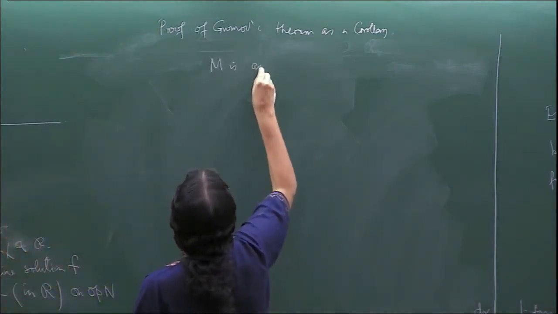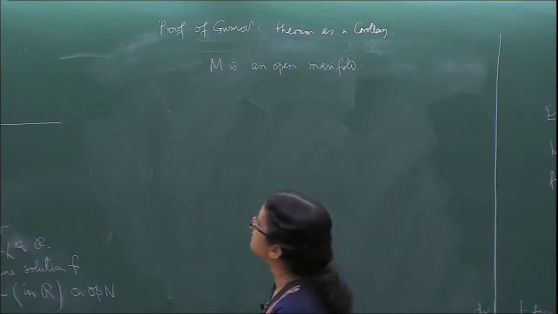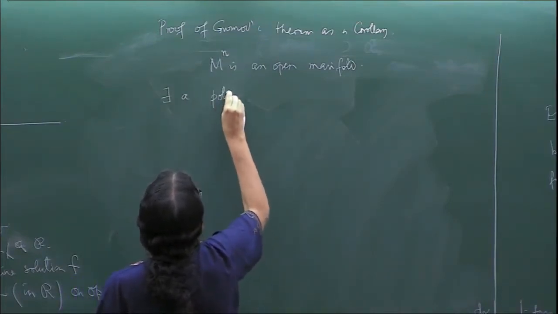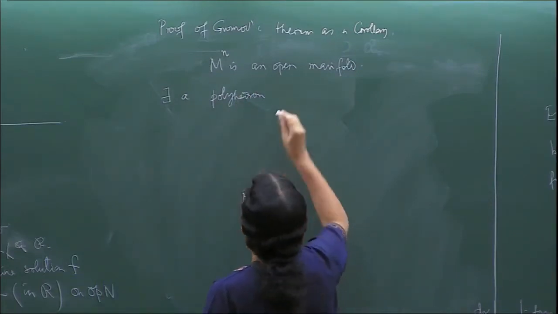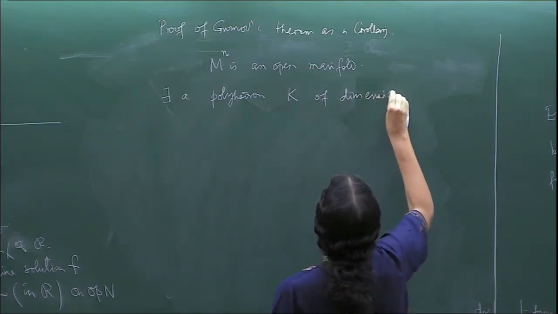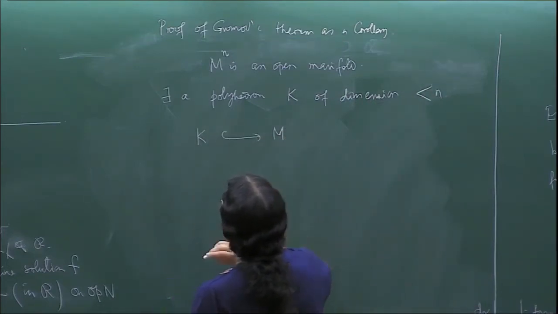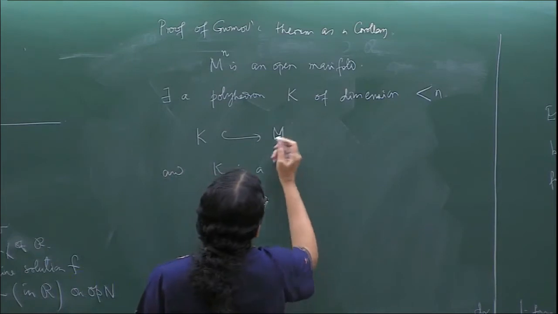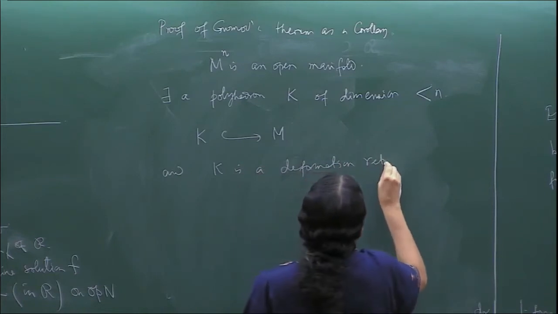M is an open manifold means that there exists a polyhedron, suppose this is N, there exists a polyhedron K of dimension strictly less than N, which is embedded inside M, and K is a deformation retract of M.